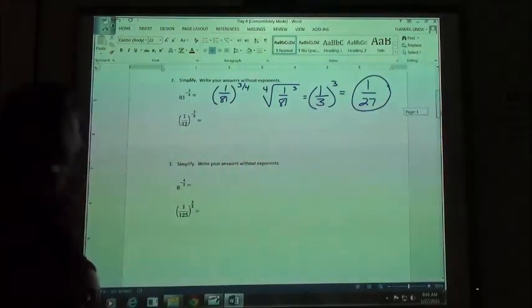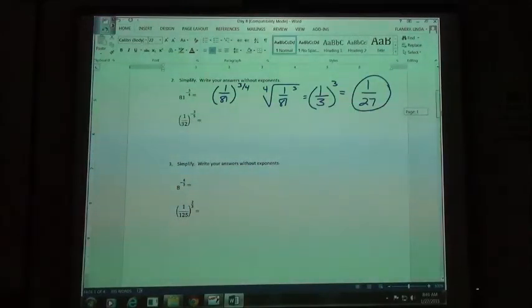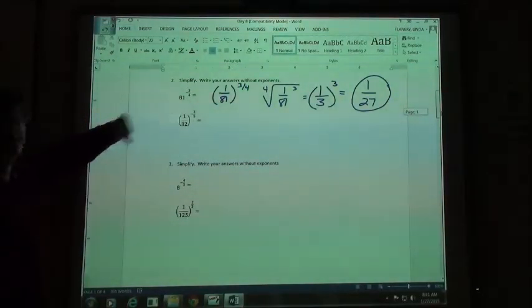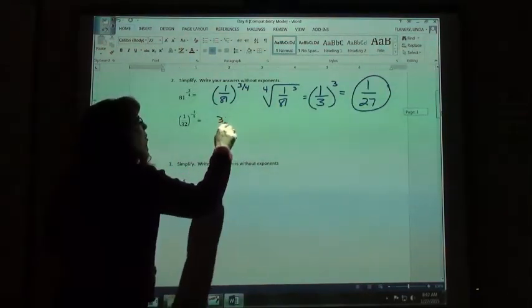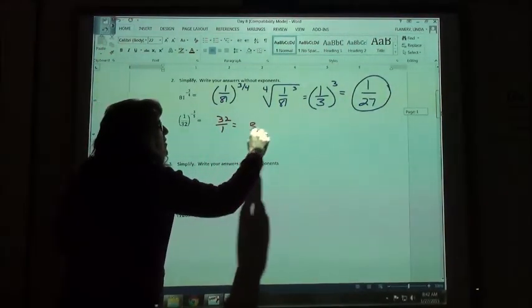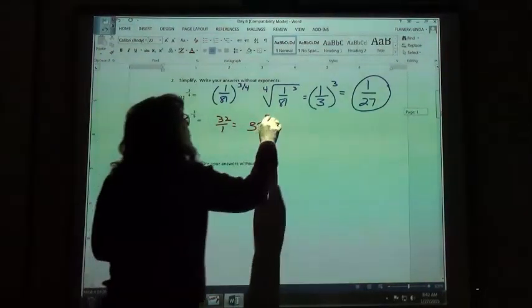So the second one there, again, I have a negative exponent. So if I have a negative exponent, I have to do the reciprocal of my base. What's the reciprocal of 1 over 32? It'd be, not stay the same. I got to flip it, so it's going to be 32 over 1, which is just 32 then, right? So I'm going to do 32 to the 3/5 power.